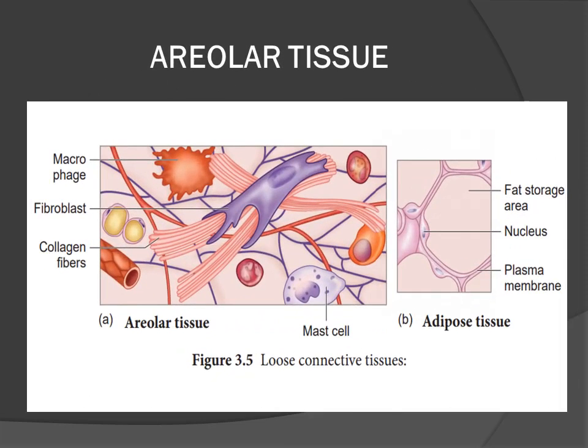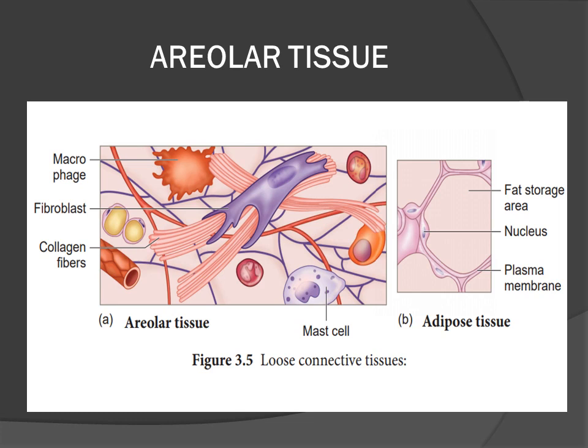Okay. So this is a figure for the areolar tissue. So basically what components will be there in one connective tissue? As we said, cells will be there, fibers will be there, as well as ground substance will be there. Am I right? Okay. So the figure displayed here, the first one, is areolar tissue.